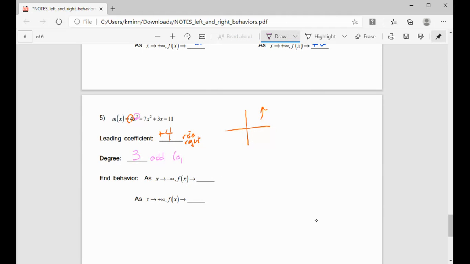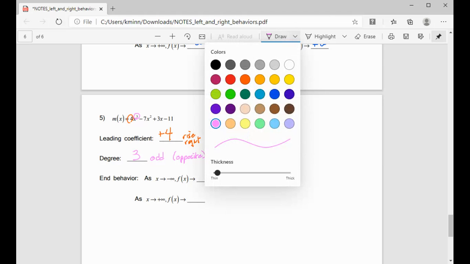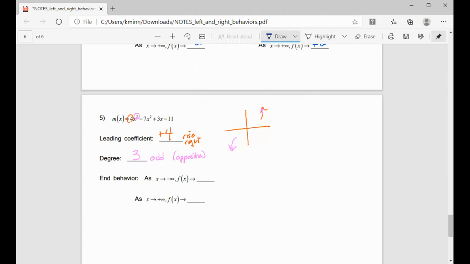So we're going to go in opposite directions. If it goes up on the right, we need to go down on the left. So to finish off the description, as we go to negative infinity, look where the pink curve is going. It is going down to negative infinity. As we go out to positive infinity for x on the right, we're going up to positive infinity for the y.